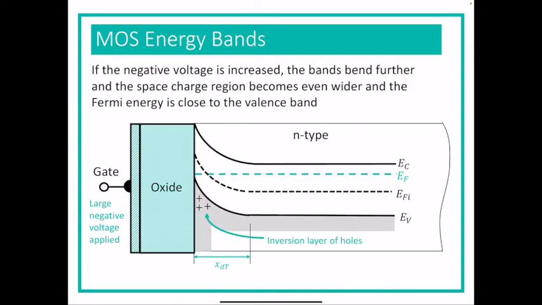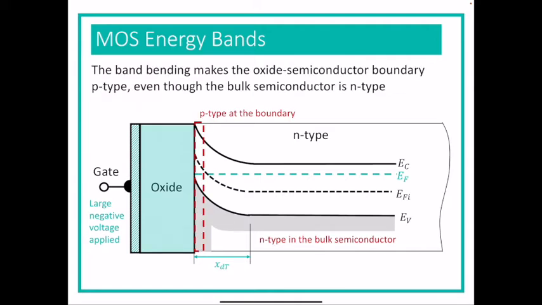At a large negative voltage, we end up with the maximal space charge region, and we have an inversion layer of holes. So again, we have P-type at the boundary between the semiconductor and the oxide, and N-type in the bulk semiconductor, and the transition goes through that space charge region.